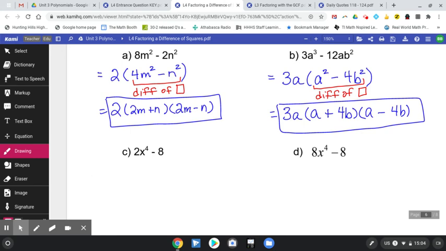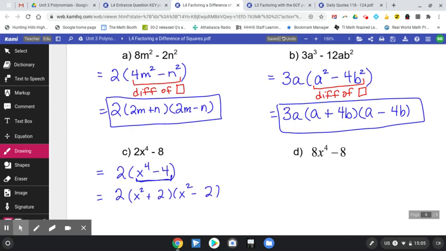So I factor out a common factor of 2, leaving me with x to the 4th minus 4. And taking this farther, difference of squares, I need to break it up. So square root of x to the 4th, that's x squared. Square root of 4 is 2. One is adding, one is subtracting.